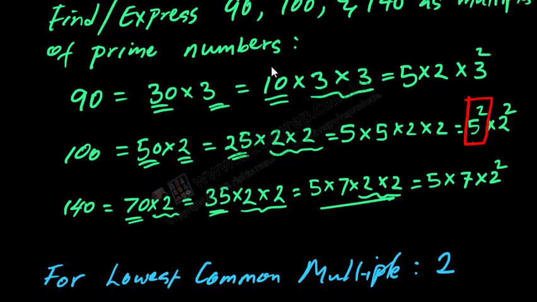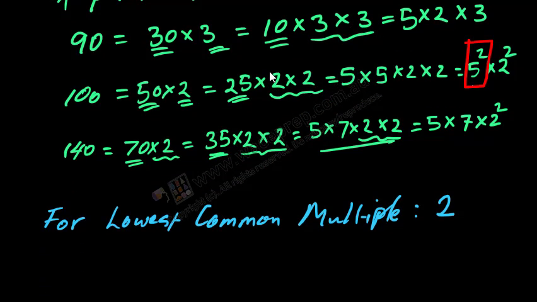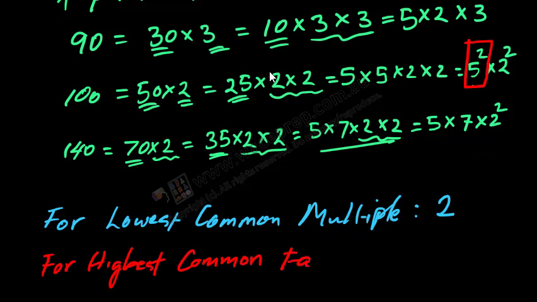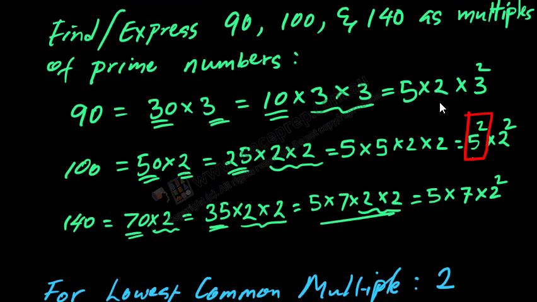So let's scroll down and let's calculate for highest common factor. We have 5 squared times, let's look at the second number. What else do we have available?